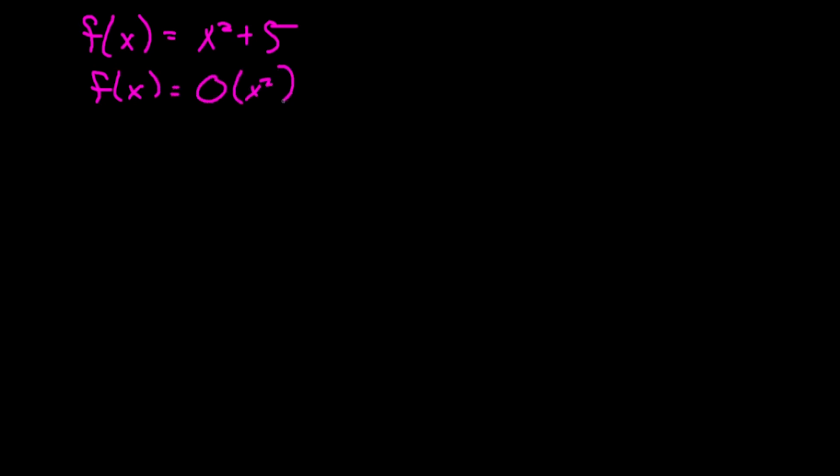So let's show that, say, f of x is equal to x squared plus 5, let's show that f of x is equal to big O of x squared, where again this just means that our g of x is equal to x squared.